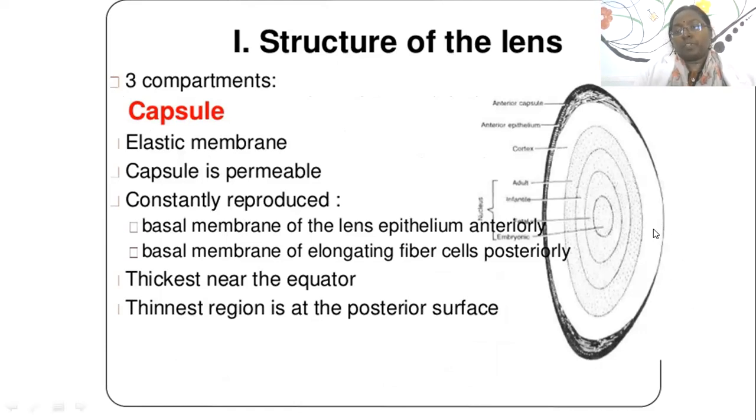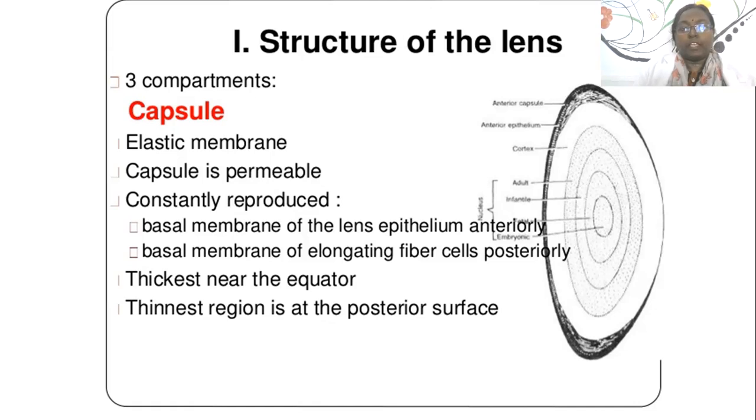The lens proper has the outer cortex where the young fibers are present and the inner nucleus layer. The nucleus is nothing but the old fibers, which lay around the Y-shaped suture. The capsule is an elastic membrane.